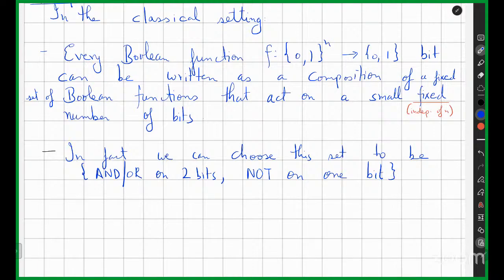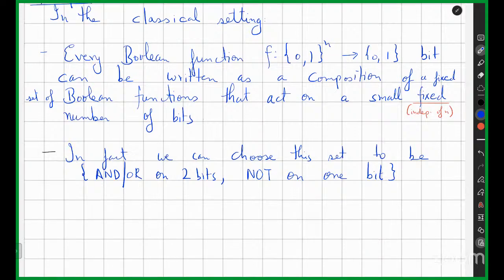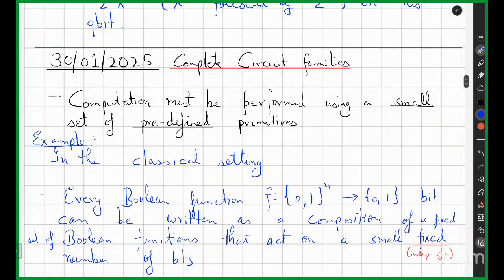If you have not seen this before, it's a good exercise to try to see why any Boolean function can be written in terms of just these: AND and OR of 2 bits, and NOT on 1 bit. Just with these, you can write out any Boolean function by composing them. So this actually satisfies the point that computation should be performed using a small set of predefined primitives. The predefined set is actually very small, just 3.